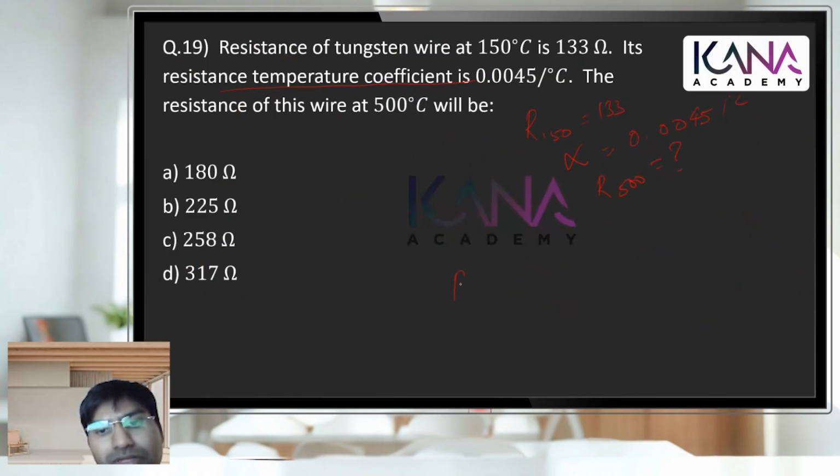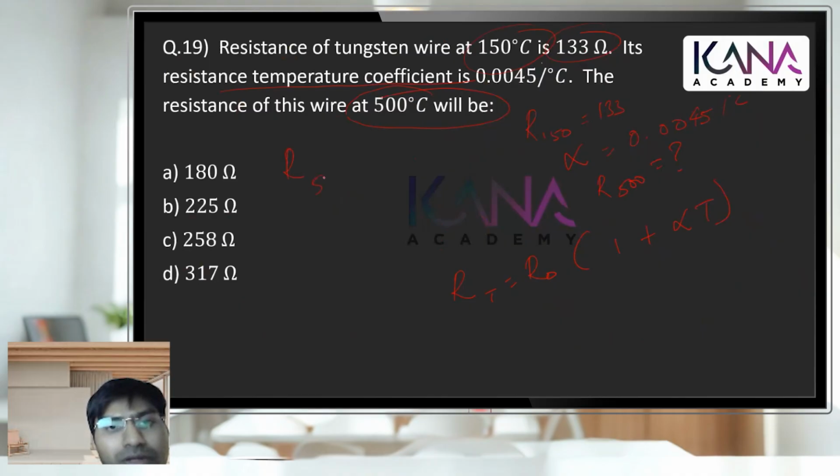It's based on the formula RT is equal to R0 into 1 plus alpha times T. Based on the ratio, we need to find the resistance of the wire at 500 degrees Celsius. They have given only the resistance at 150 degrees Celsius.